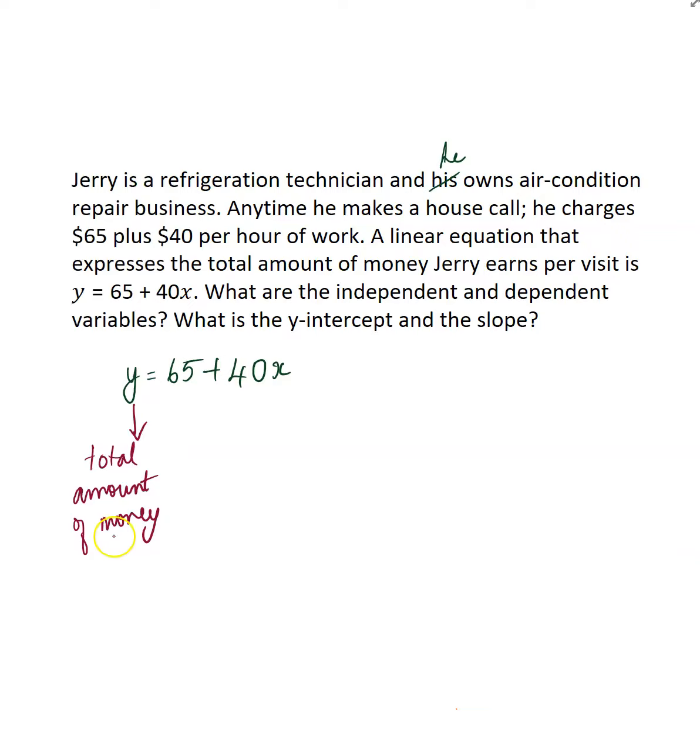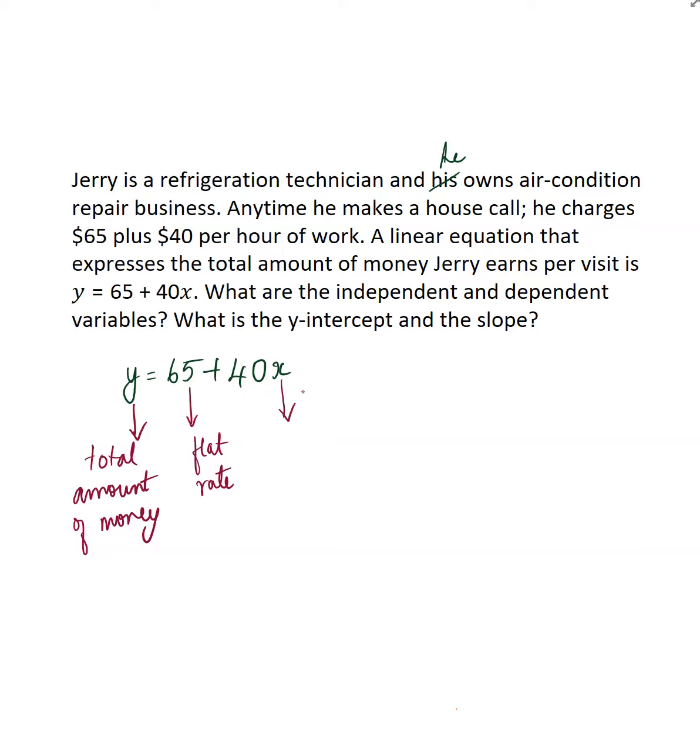So how is this money calculated? 65 is the flat rate. 40 times x. We kind of mentally ran this through, right? 40 times x. So what does x represent then?